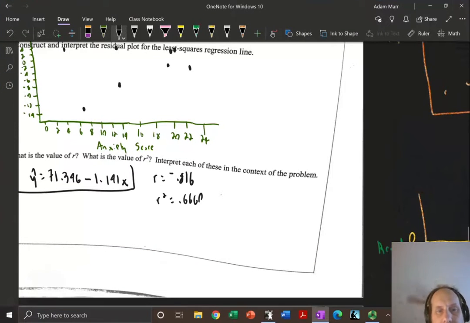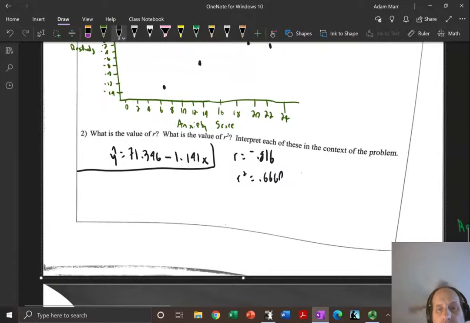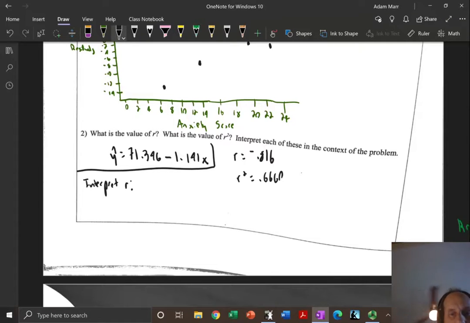So let's do it. Interpret each of these in respect to the problem. Okay, so R gives us the strength and the direction. If we interpret R, we're just going to say the linear relationship. R is just about the linear relationship, so don't reference the line when you're interpreting R. You can get an R even without a line at all. That's just the relationship in general.